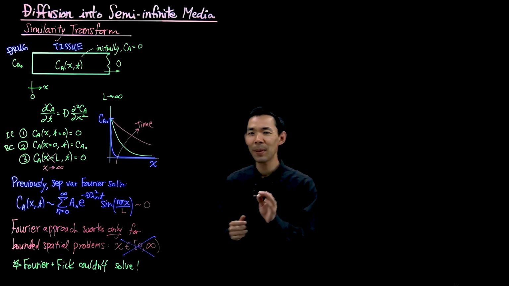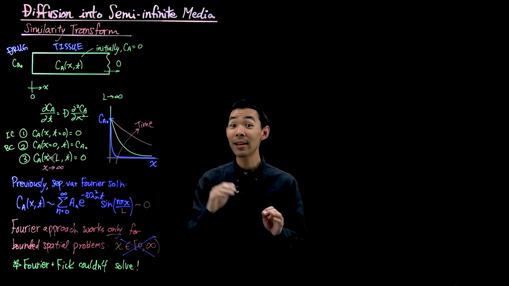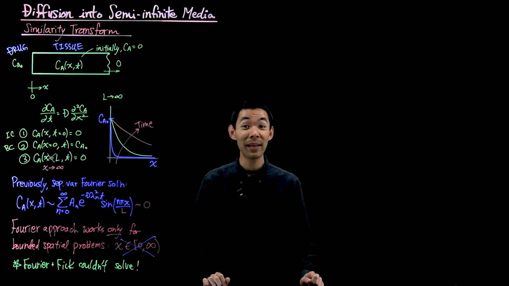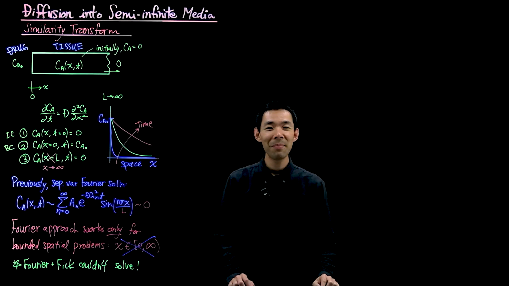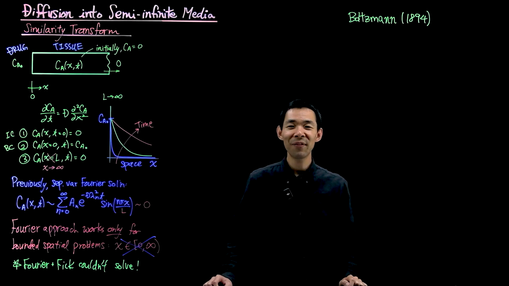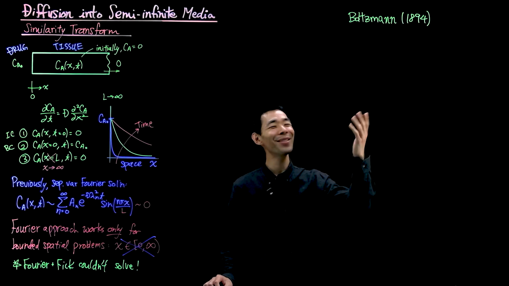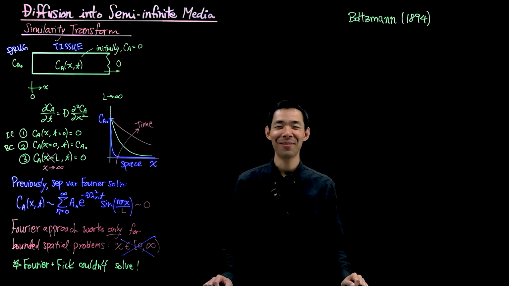Maybe I can't specify position and time independently, and maybe there's some relationship between space-time. And he made this observation in the year 1894. And it was 1894, which isn't that long ago, 130 years ago, around then.